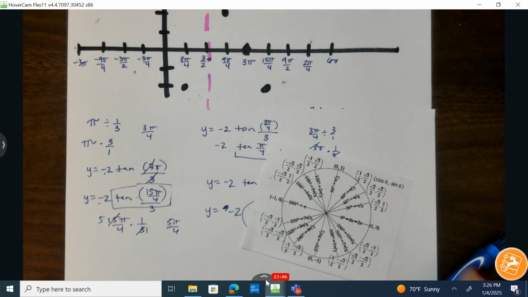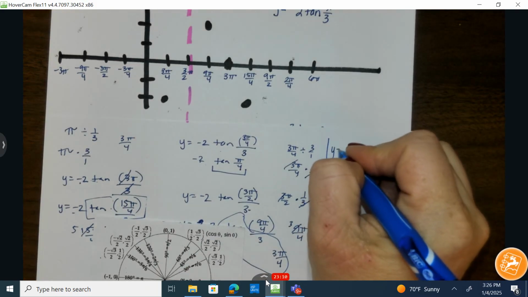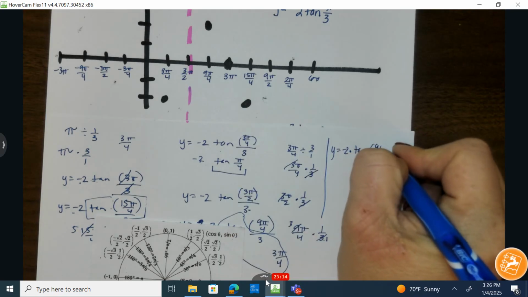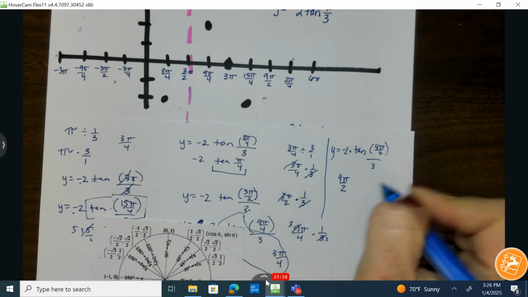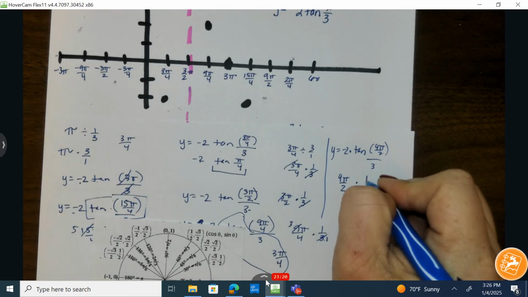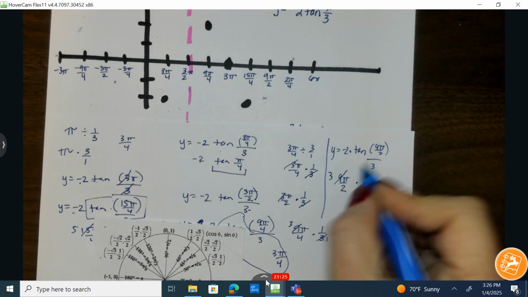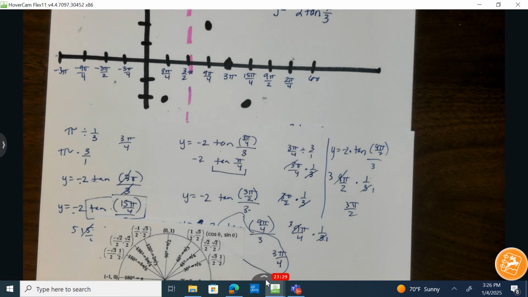Last one I'm going to do algebraically. Let's find some room right over here. Y equals -2 times the tangent of 9 pi over 2, all divided by 3. So 9 pi over 2, and then I'm going to multiply by the reciprocal. The 9 and the 3 reduce to 3 pi over 2.